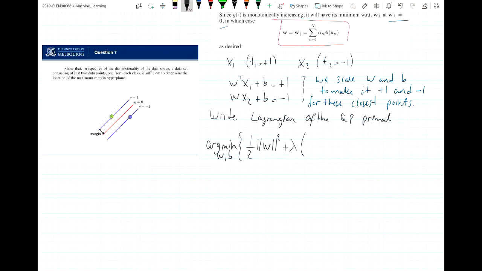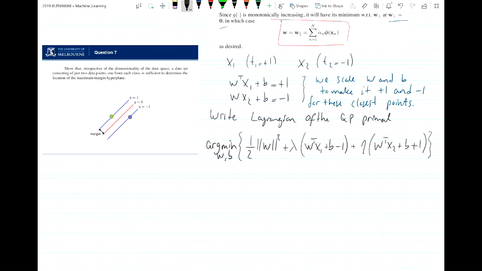And now these are equality constraints because there are no other points. And then the other one will be maybe mu or eta, let me follow the same notation, times (w transpose x2 plus b, in this case plus 1), right? So that would be my Lagrange multiplier.